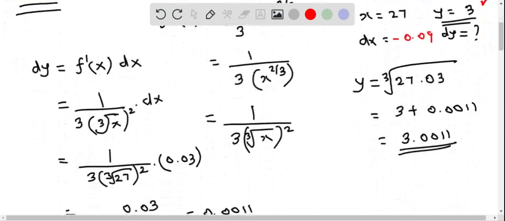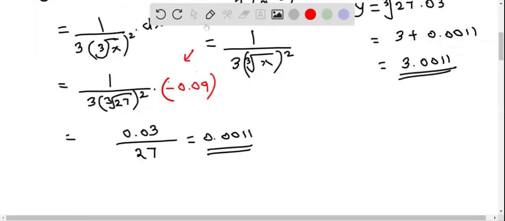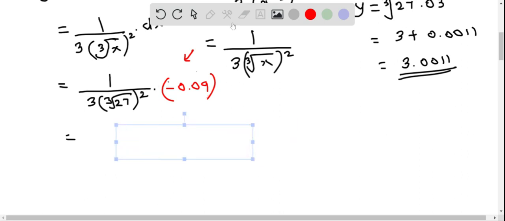We can come back to over here. Everything remains the same except this dx. We will remove this dx and put the new dx over here, which is minus 0.09, which means we have to find the new dy. This new dy we are going to get in terms of negative.